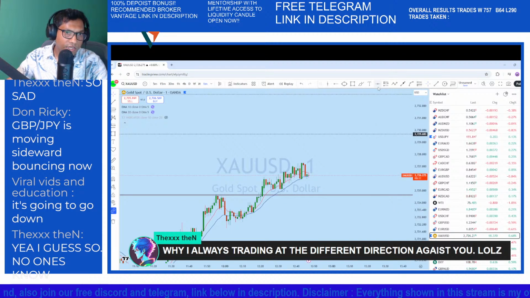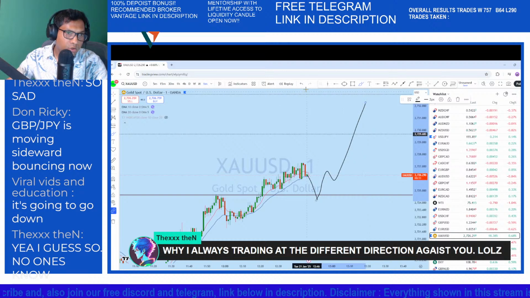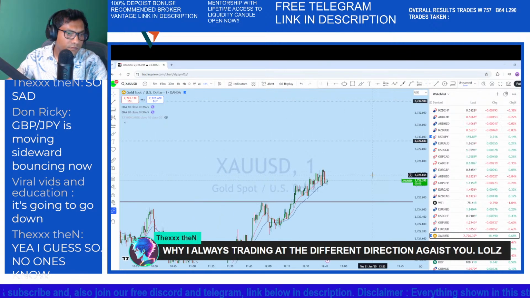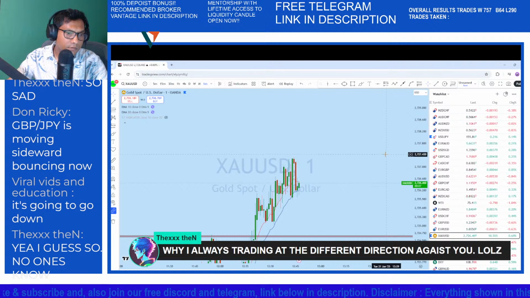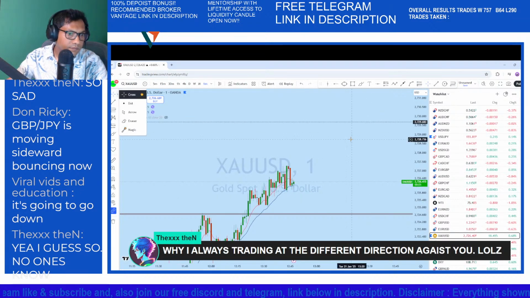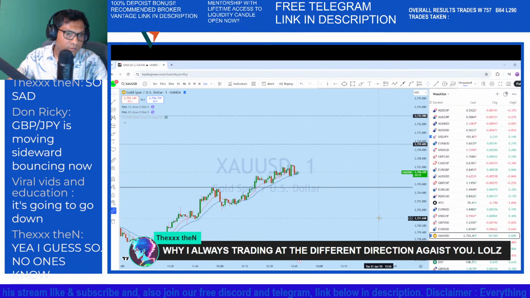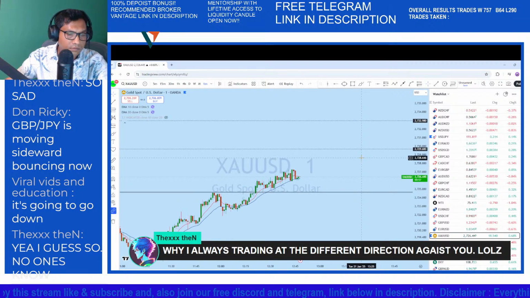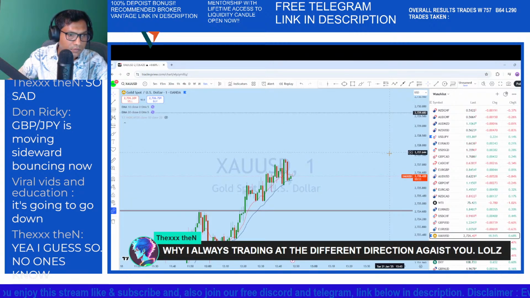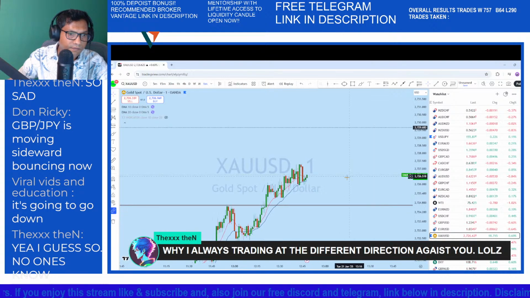So we'll be waiting here on XAUSD for a break of structure and then to bounce back up. Looking at a series of higher low formation here.